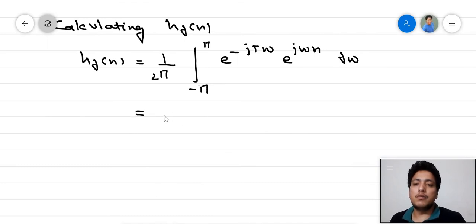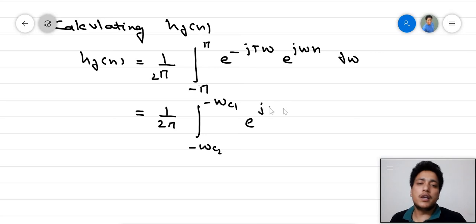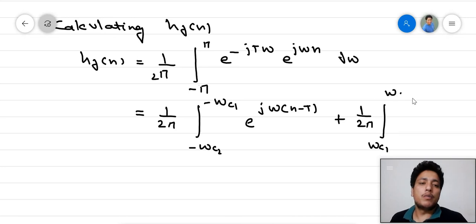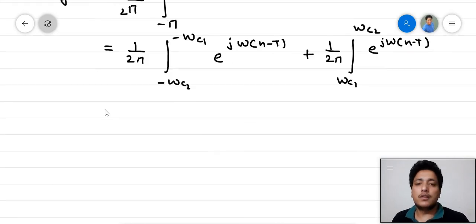It is equal to 1 by 2 pi integral from minus omega c2 to minus omega c1 of exponential j omega (n minus tau), plus 1 by 2 pi integral from omega c1 to omega c2 of exponential j omega (n minus tau).